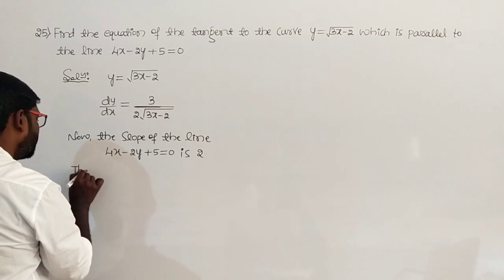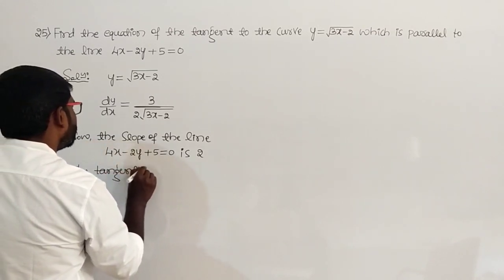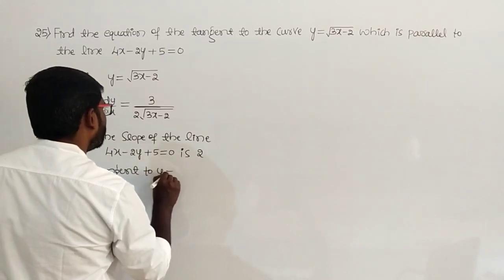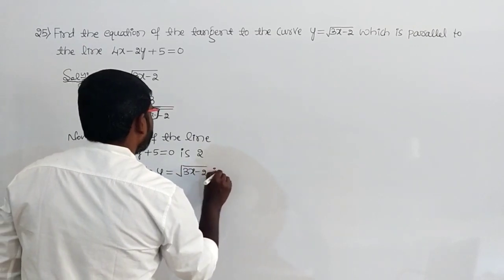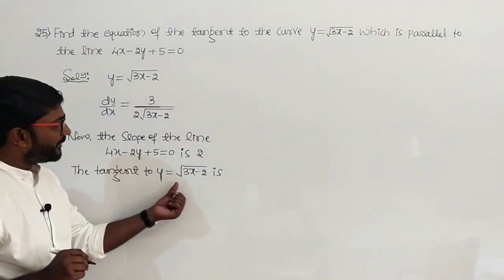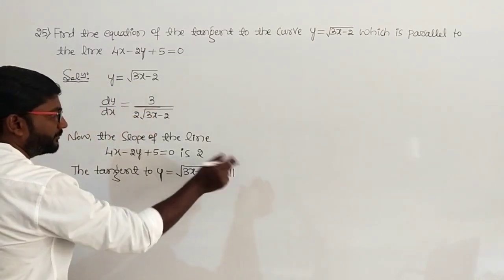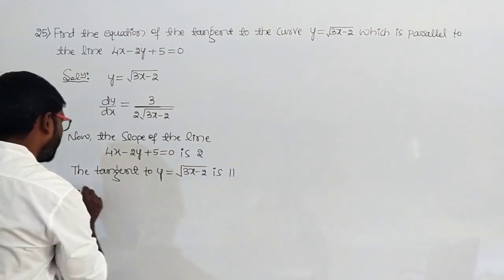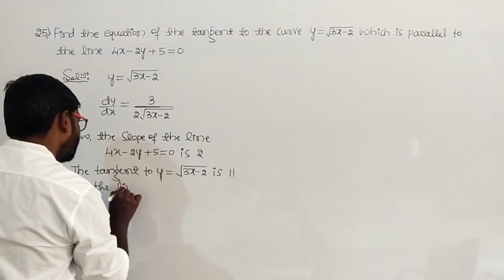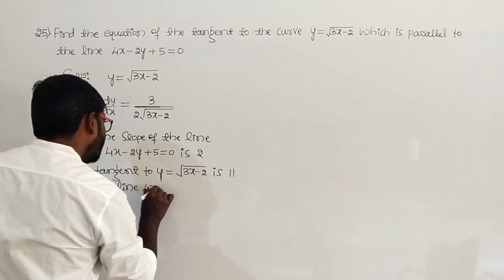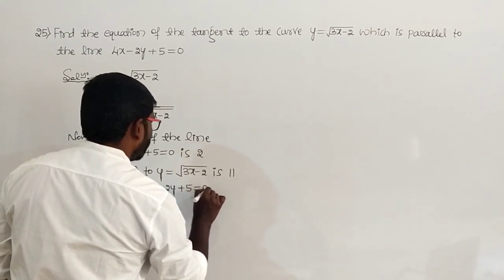The tangent to y equal to square root of 3x minus 2 is parallel to the line, parallel symbol is 2 vertical bars, parallel to the line 4x minus 2y plus 5 which is equal to 0.